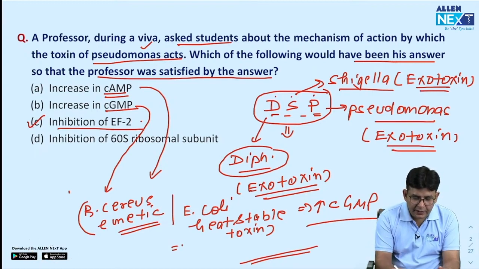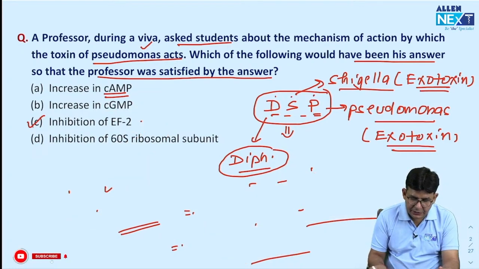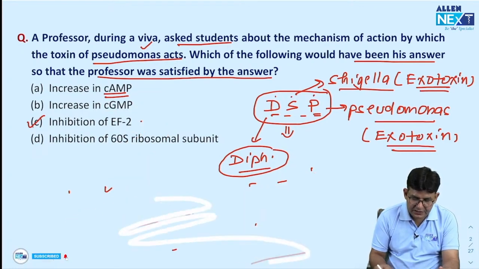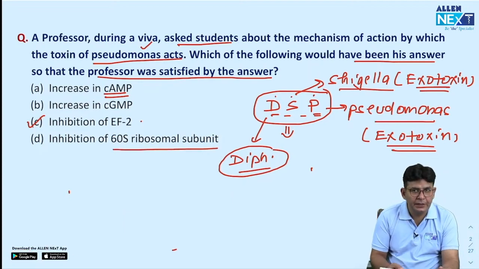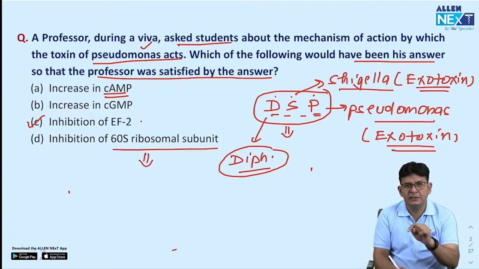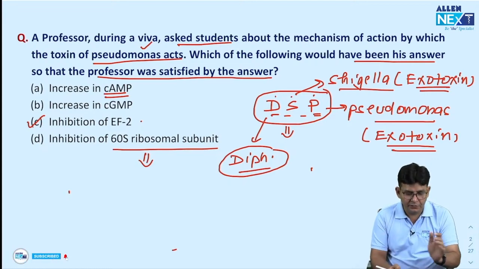Now talking about option D. Option D is inhibition of 60S ribosomal subunit. This was asked in the FMG exam, and it can definitely be asked in NEET PG for sure.